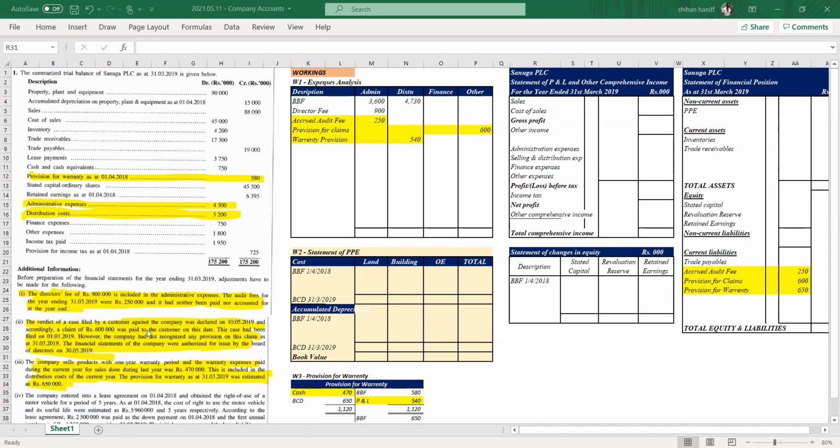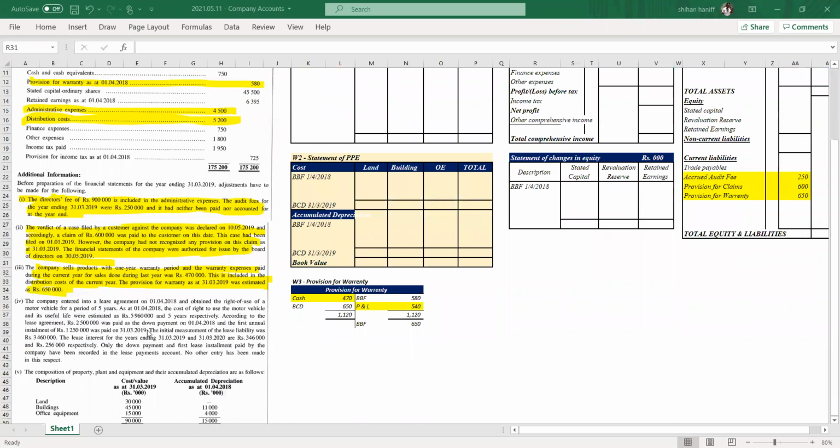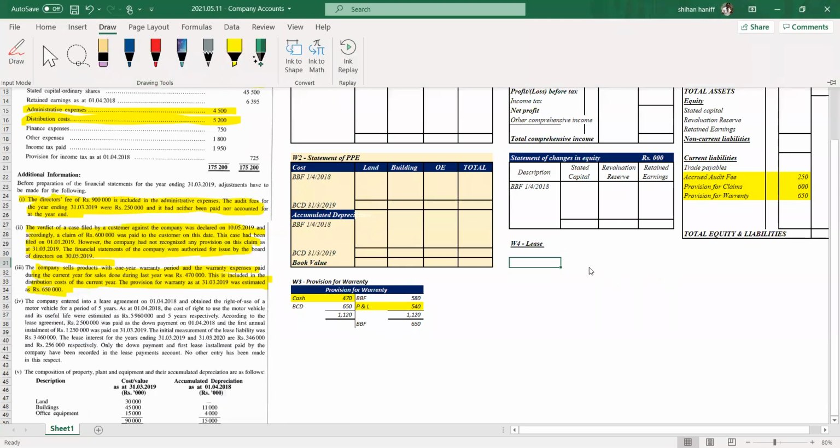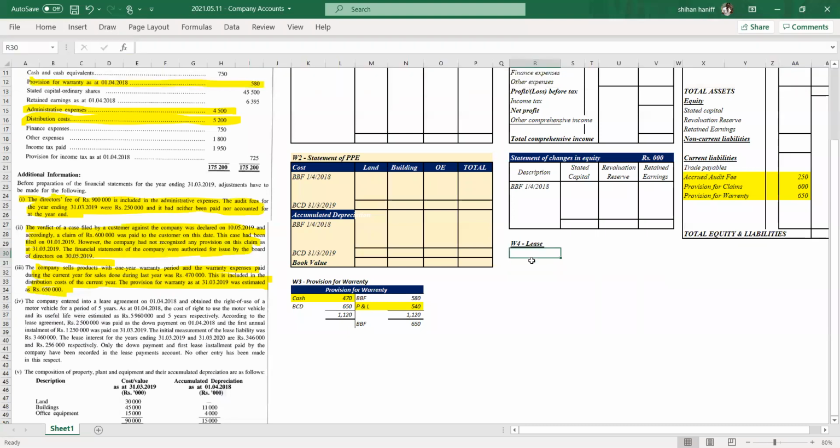Right. Now let's move on to a very important adjustment, lease. Working number 4. The company entered into a lease agreement on 1st of April 2018, which is the beginning of the year, and obtained the right of use of a motor vehicle for a period of 5 years.